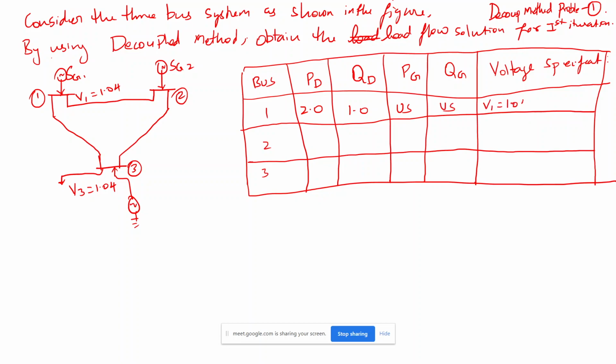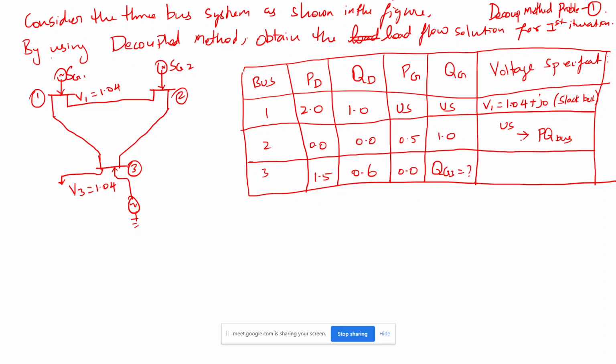this is unspecified, this is unspecified, and then this is V1 is equal to 1.04 plus j0, and this is a slack bus, and here it is 0.0 and 0.0, and this is 0.5, 1.0, and here it is unspecified, and the type of bus is PQ bus, and here it is 1.5, this is 0.6 and this is 0.0, and then we need to find out the QG3.